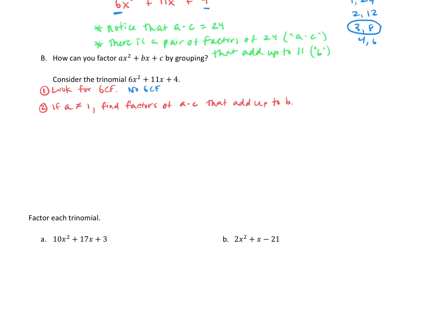So what we're going to do is we're going to take our a times c. So a is 6, b is 11, c is 4. So a times c is equal to 6 times 4, which is 24. Then we're looking for factors of 24 that add up to b, which is 11. Those factors are 3 and 8. So we found factors of a times c that add up to b.